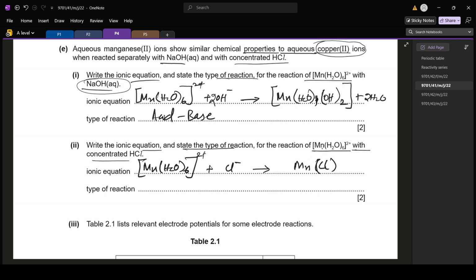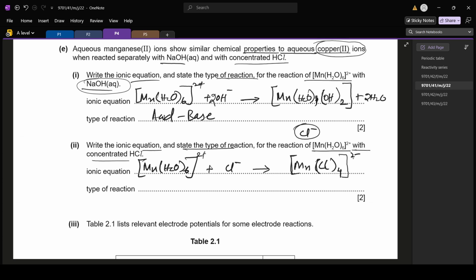The geometry of this complex will change because chloride ions are larger, so they will not form 6 bonds. They will form 4 bonds, and the charge of this complex will change to -2 because the chloride ion has a charge of -1, and there are 4 chlorides, so this will be 4-, and manganese has an overall charge of 2+.